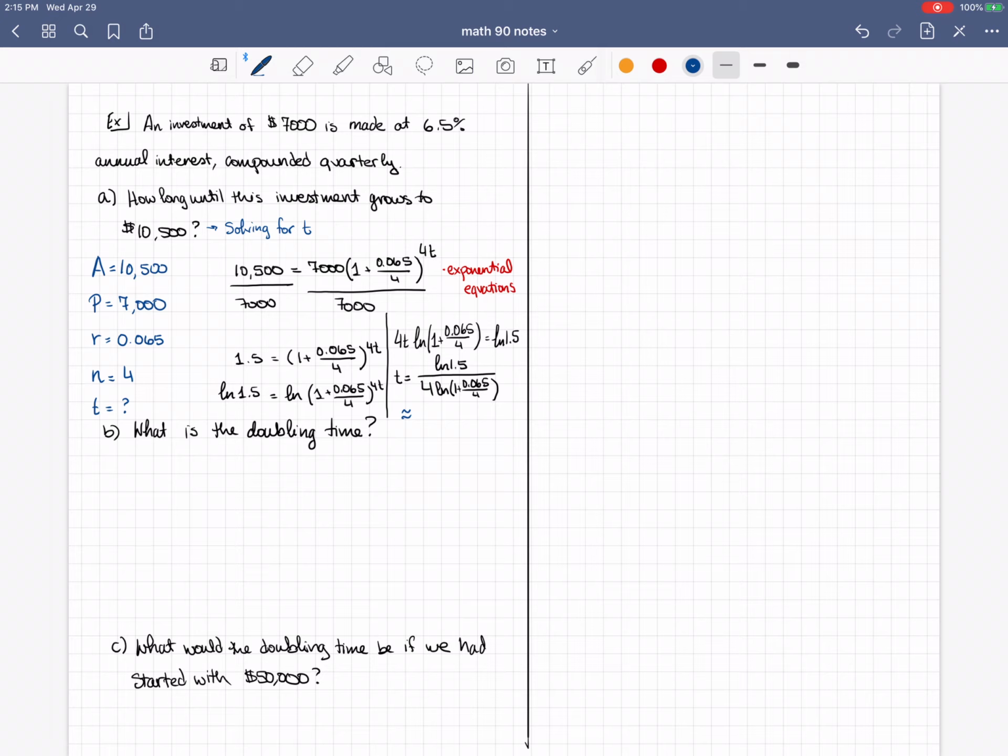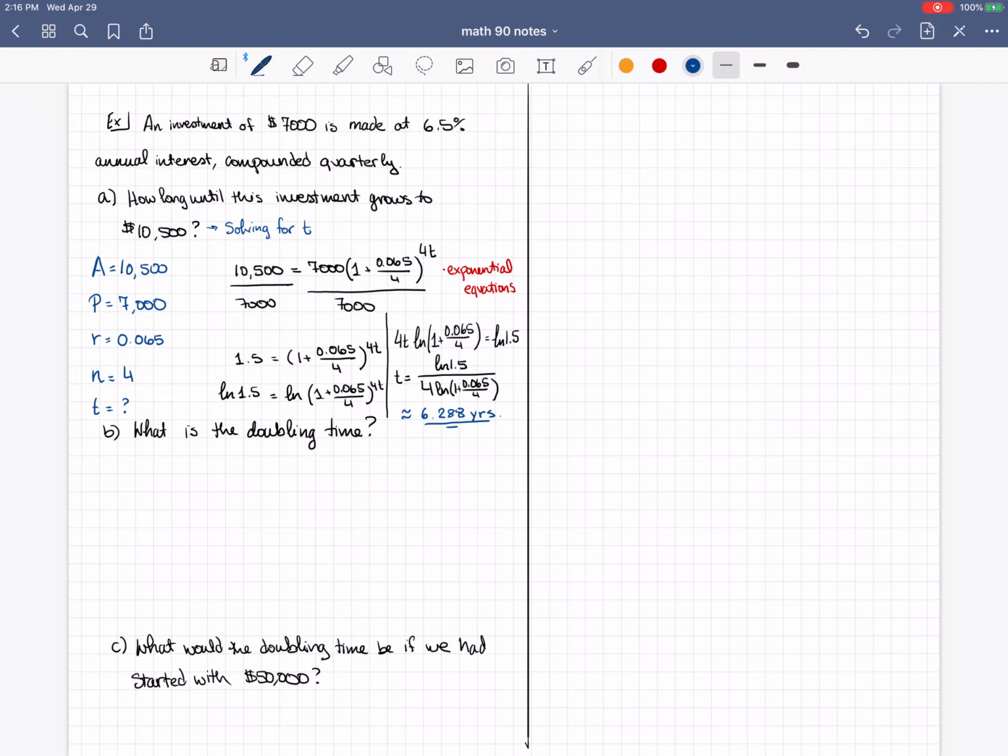So we have 6 point, and I said I'd round to 3 decimal places. Since it's a question about time, we answer it in time. So it'll take approximately 6.288 years.